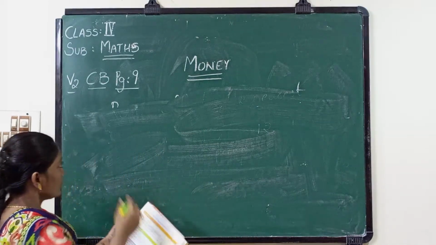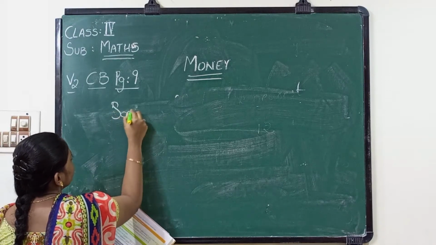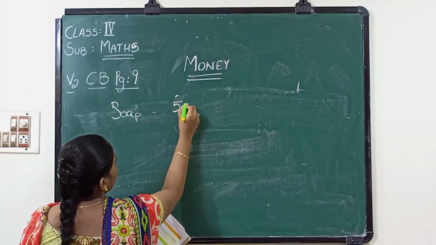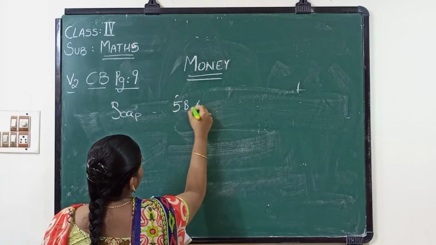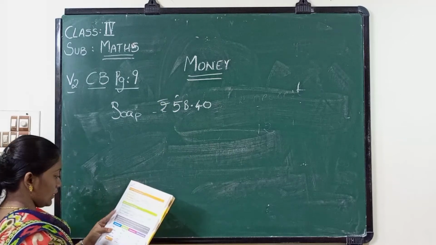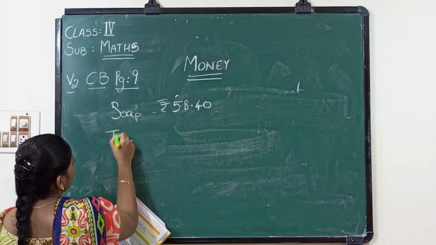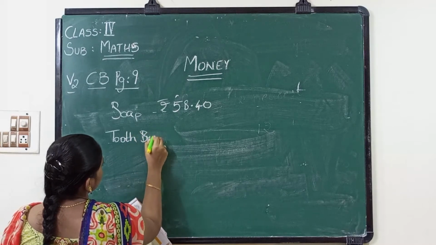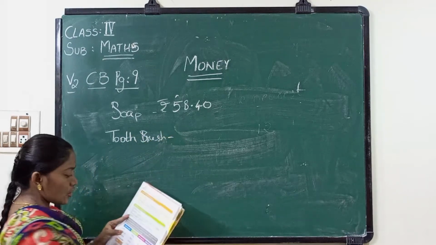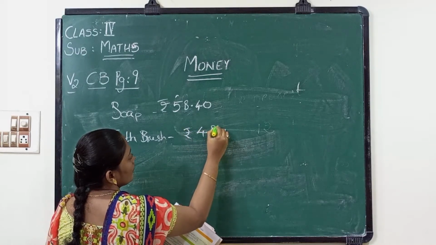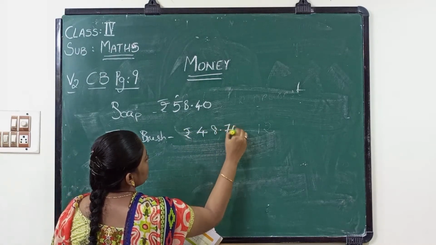Items he bought: soap, with the cost of 58 rupees 40 pies. Next one, toothbrush, with the cost of 48 rupees 70 pies.